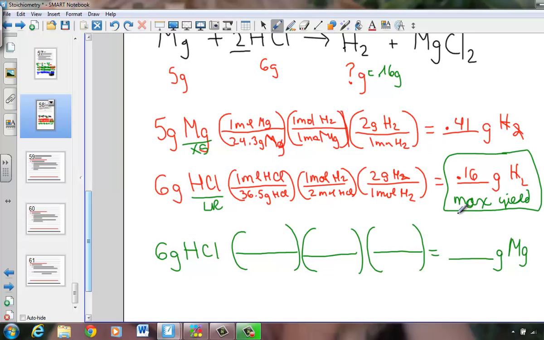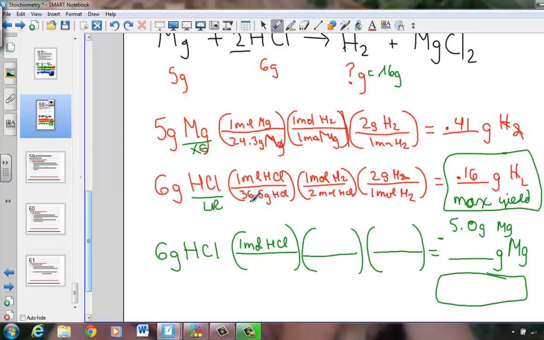I want to know, of the 5 grams I started with, how much was actually used so I can determine the extra quantity. So the 5 is an extra amount. Let's determine how much of it was consumed through the course of the reaction and then subtract to find the remainder. So starting from the limiting, we go to work with some mole map work.